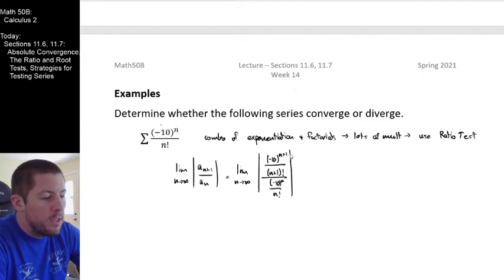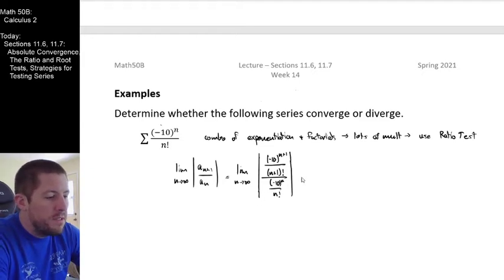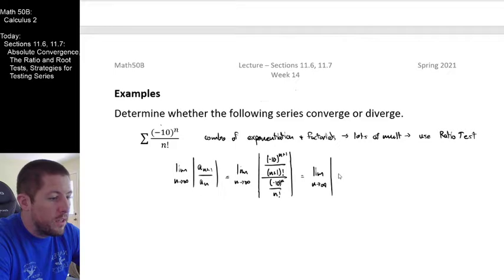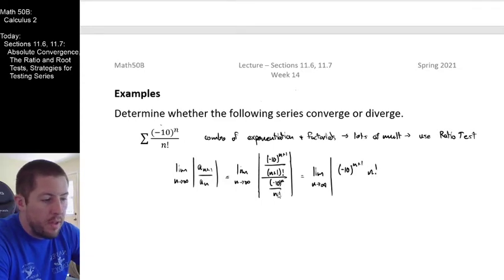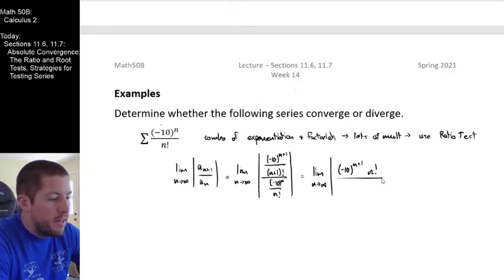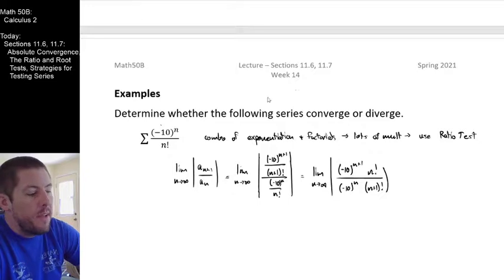This is a great situation for us to do our keep change flip, rewriting this as a single fraction. This is now going to look like (-10)^(n+1) times n factorial. That n factorial down here has flipped its way up to the top. Our denominator is going to be (-10)^n times (n+1) factorial. That's not a parenthesis, it's an absolute value bar.